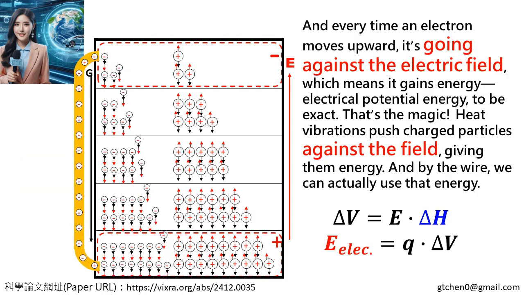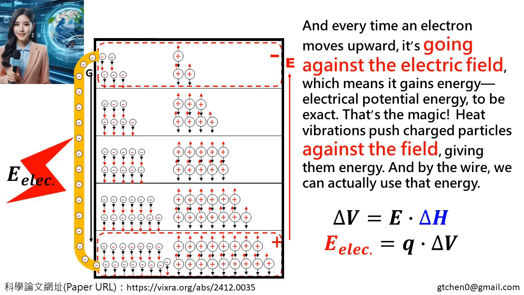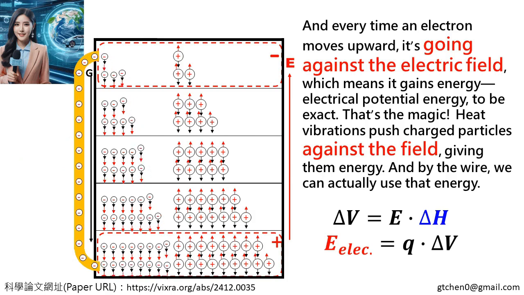And every time an electron moves upward, it's going against the electric field, which means it gains energy, electrical potential energy, to be exact. That's the magic. Heat vibrations push charged particles against the field, giving them energy. And by the wire, we can actually use that energy.